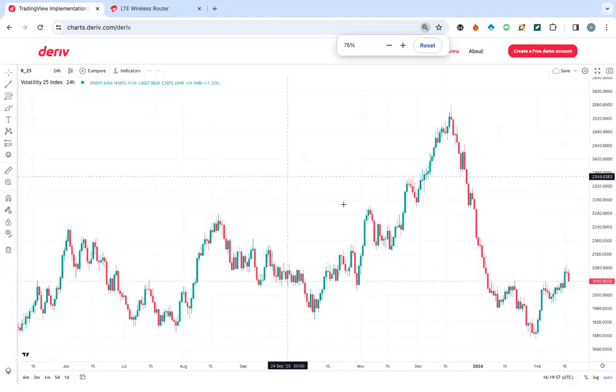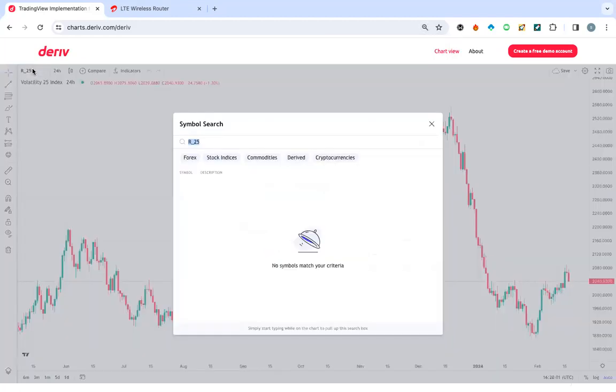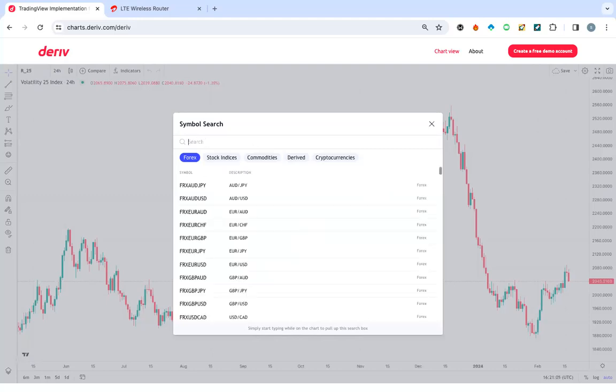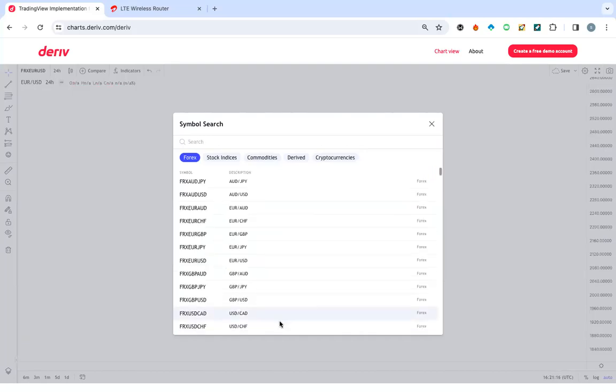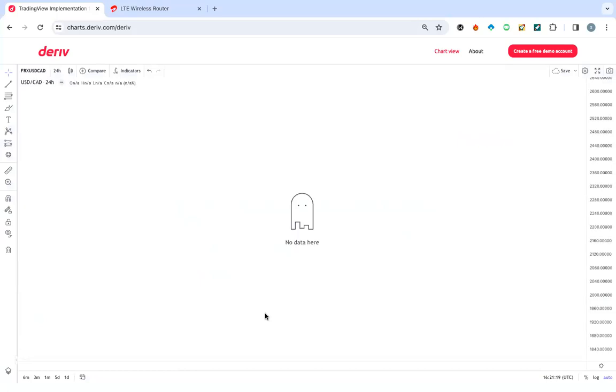So now, guys, this is V25 on X, but I'd like us to use the normal financial market. Let's try and see if the currency pair market can actually open. Okay, let me try and use Euro USD. No data here. How come? So let's use USD CAD. I don't know why this won't open.